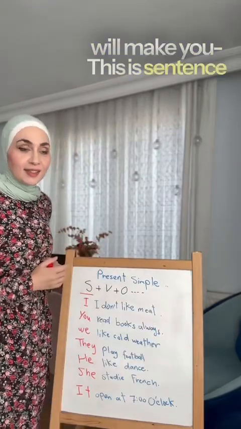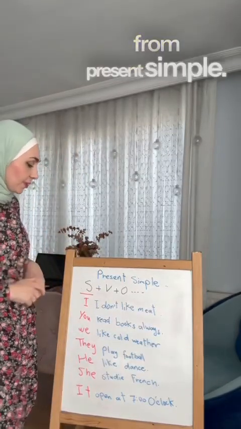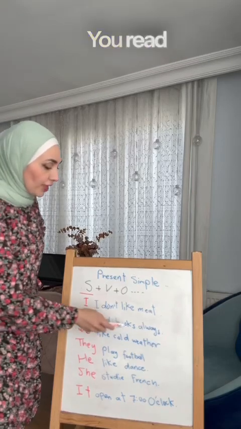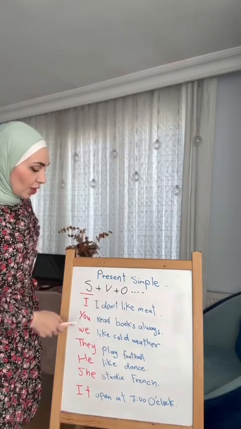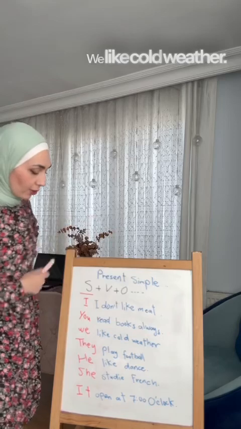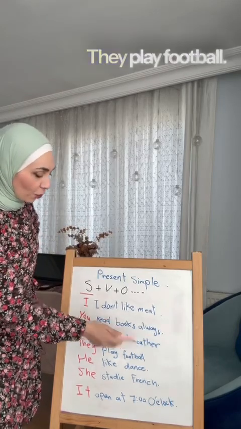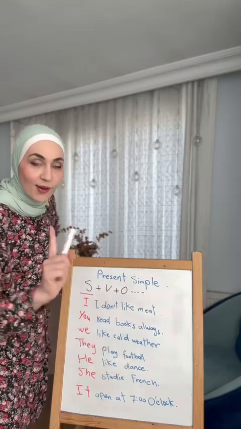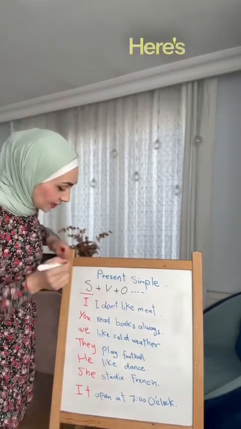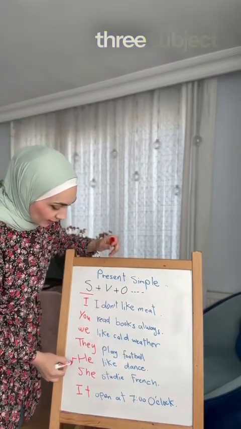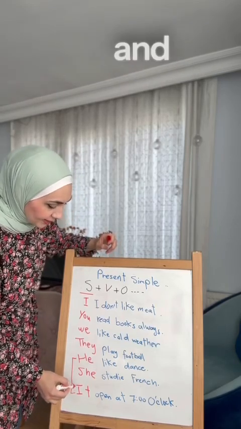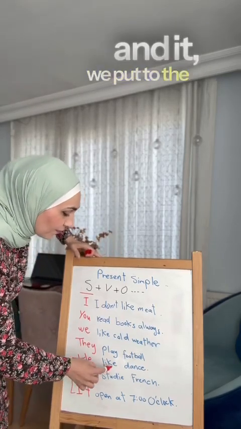I will write the examples. These are sentences in present simple. I don't like meat. You read books always. We like cold weather. They play football. Look at me. Here, when these three subjects come, he, she, and it, we put s on the verb.